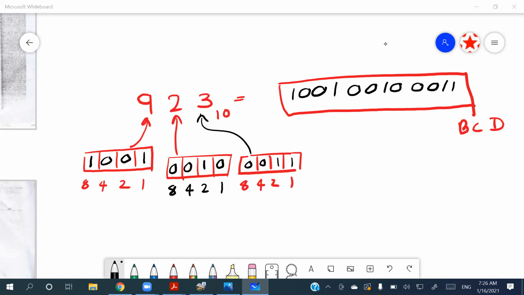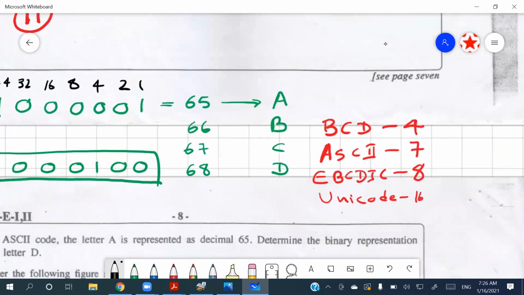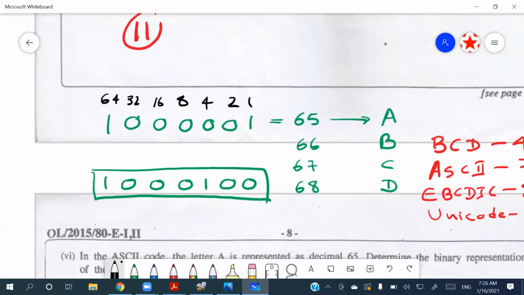Right, great. Okay, what I was telling you previously is to be careful with the ASCII code representation, in case the question says the value of A is 27. So how are we going to represent 27 right over here? We need a 16, we need 8, it is 24, and we need another 3, so 2 and 1 will be there. So this is going to give you 27.